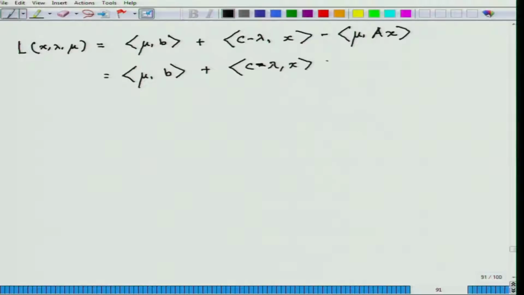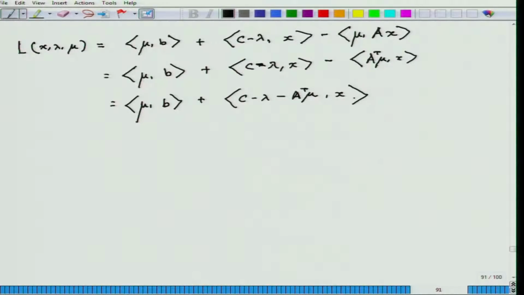Now, this by simple laws of linear algebra can be written in terms of a transpose. So, I am able to write this as... now, I am making the following claim. See, if I want to minimize this function over whole x, it has to be finite at least.